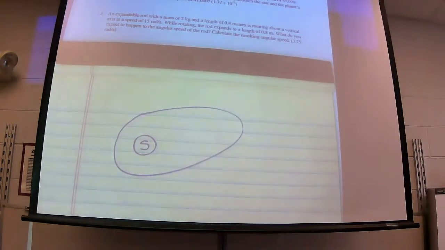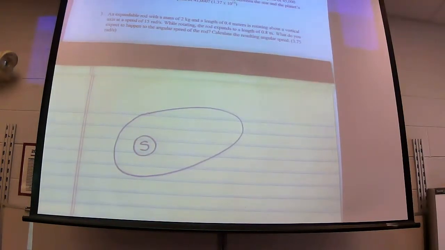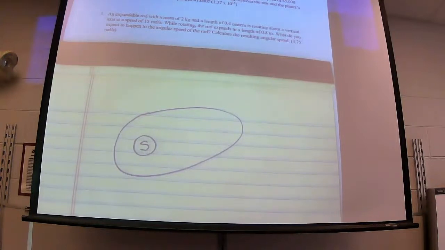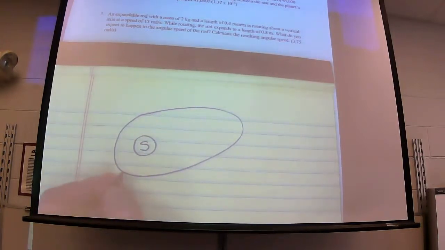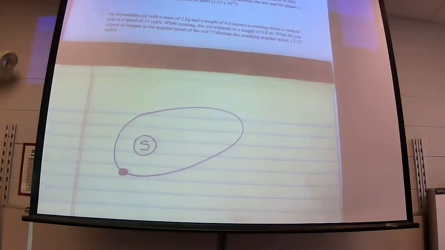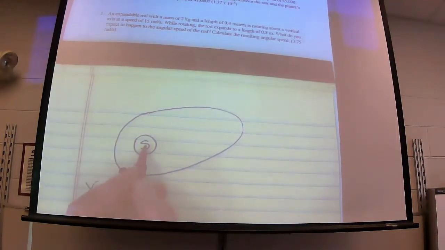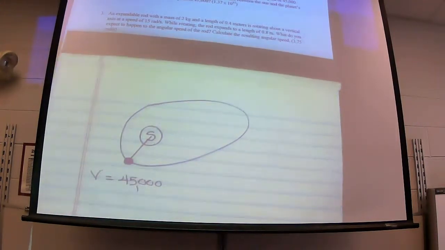What is the distance between the star and the planet? Okay, so the planet's here. At one location, it has a speed of 45,000, and it is this far from the center of the sun.